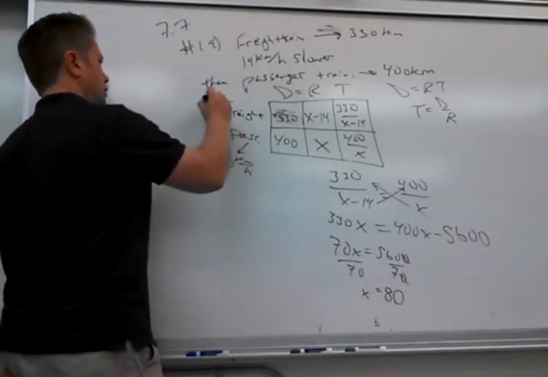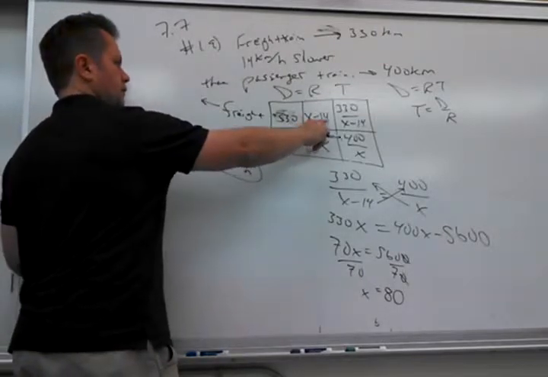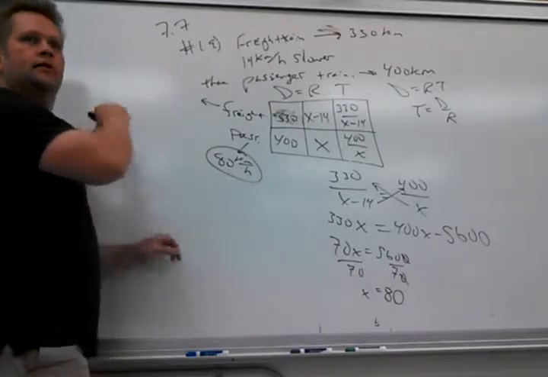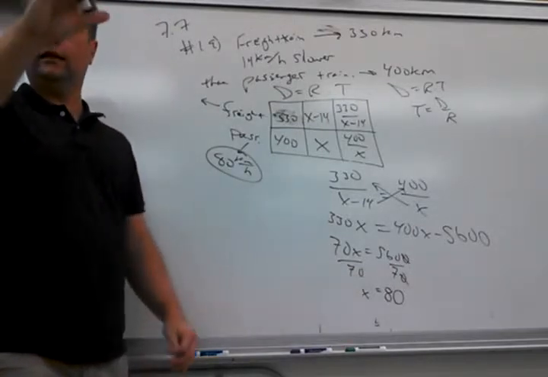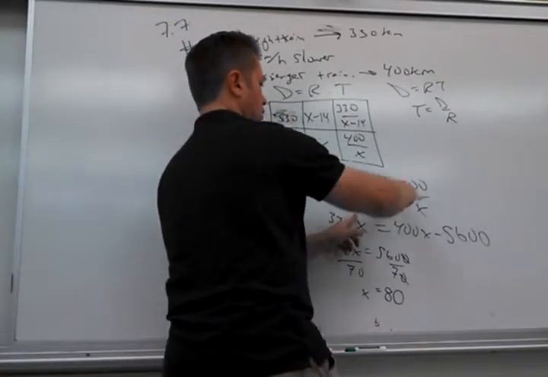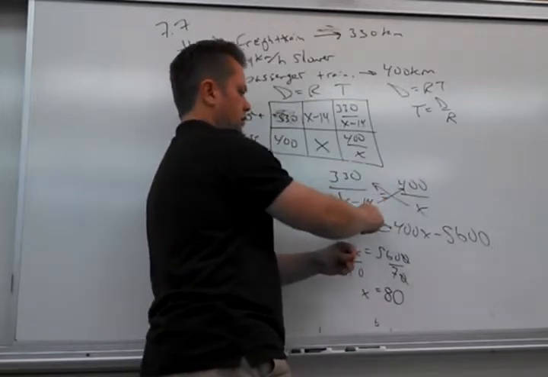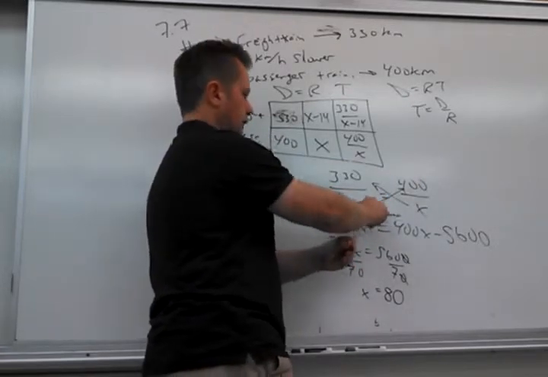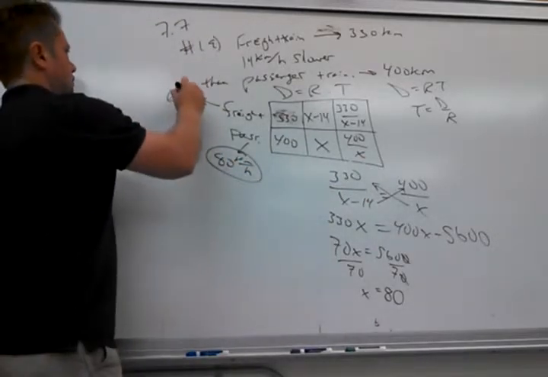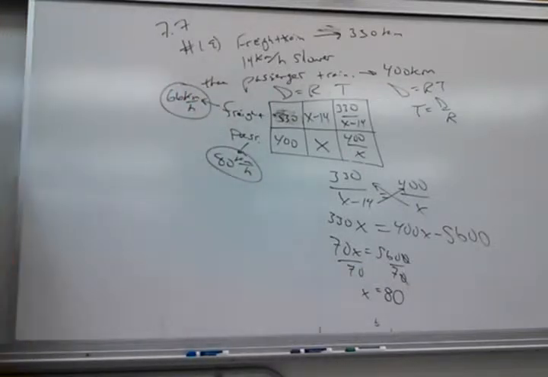So how fast was the freight train going? 66. So when I do this cross multiplication, I get 400 times x minus 400 times 14, because that comes up and multiplies by the 400. So yeah, 66 kilometers per hour there. We eventually got there.